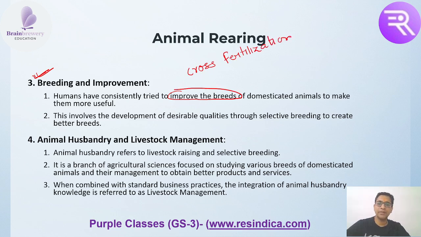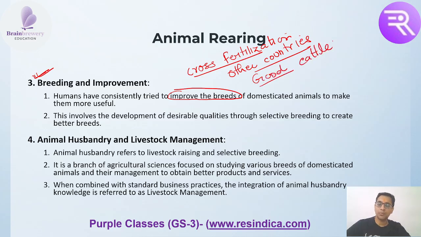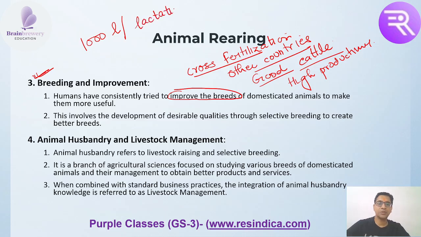We are crossing with other breeds from other countries so that we get good quality cattle with higher productivity. Like if we have a local variety of cow producing 1,000 liters per lactation period, meaning during the time that the cow is lactating.